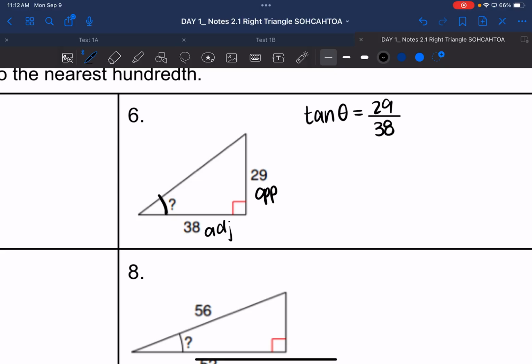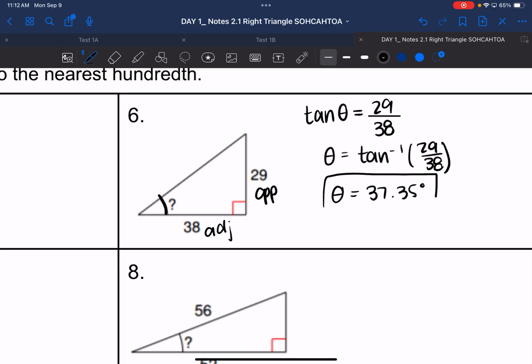Okay, and again, to get rid of sine, cosine, or tangent, we have to take its inverse, right? So I'm going to take tangent's inverse of 29 over 38. Okay? And what is that going to leave us? Good.